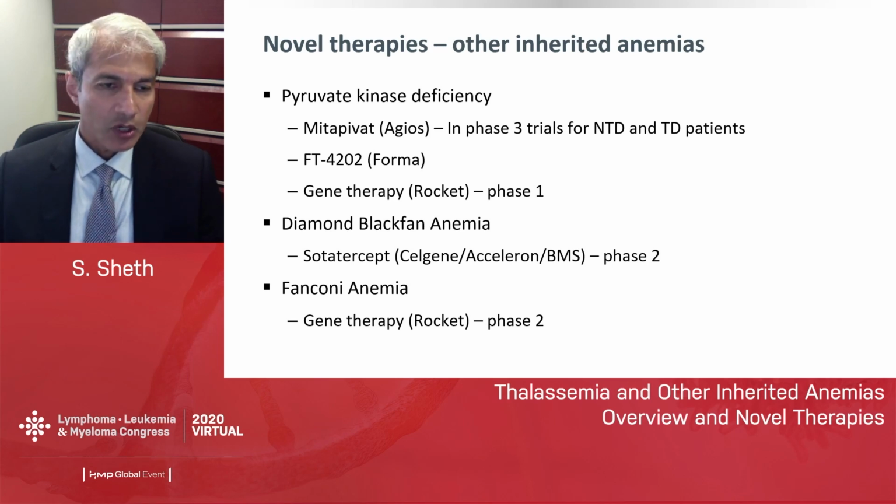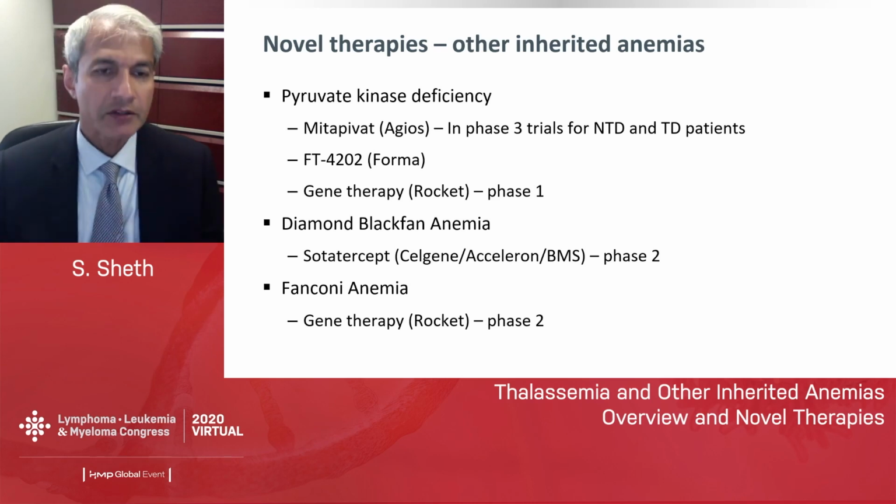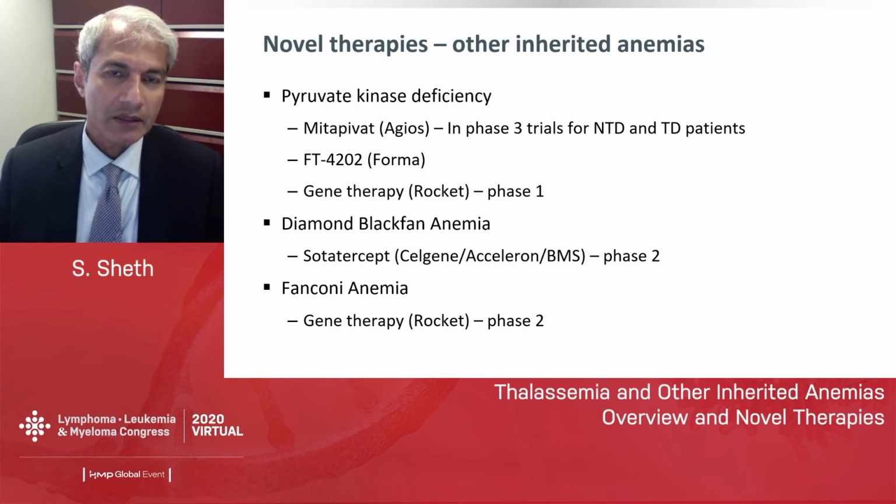Diamond-Blackfan anemia, we have a trial of sotatercept, which is also a modifier of the TGF-beta superfamily of ligands. And then gene therapy for Fanconi anemia is in phase 2 trials currently as well. So that's a sort of overview of the thalassemias as well as some of the other inherited anemias.